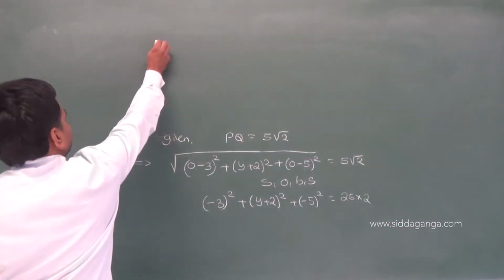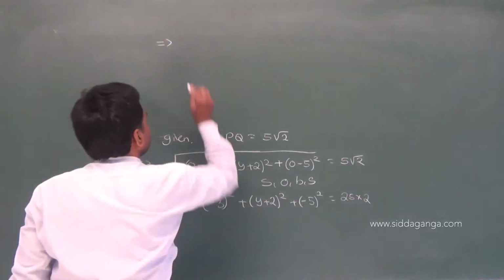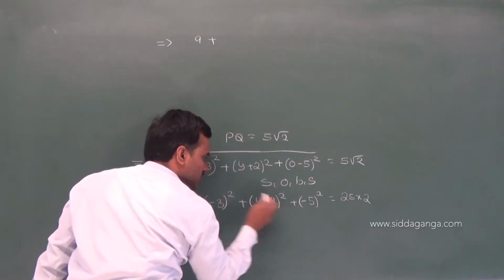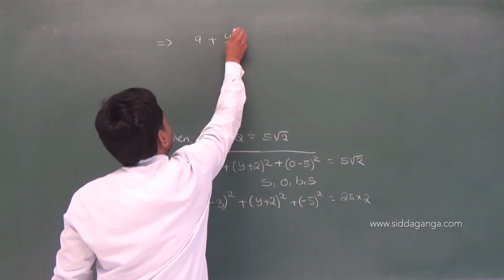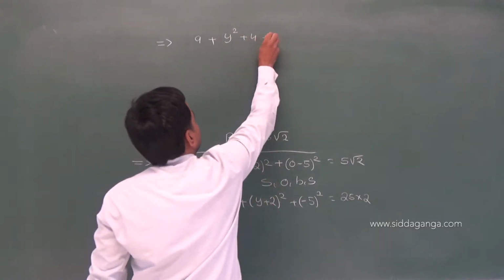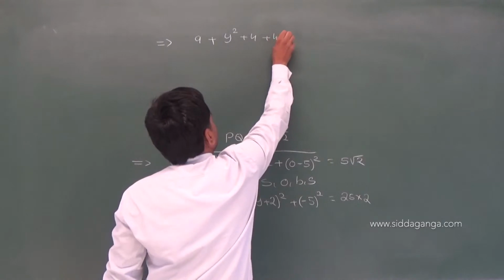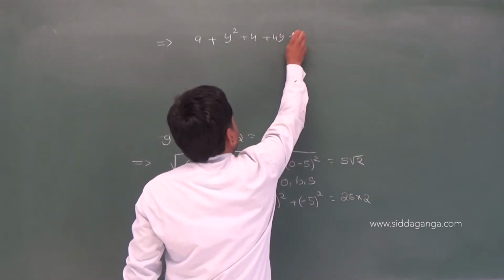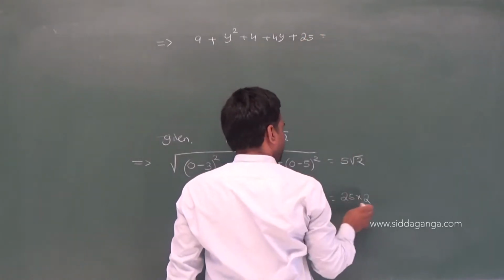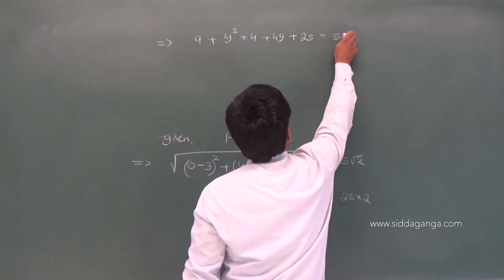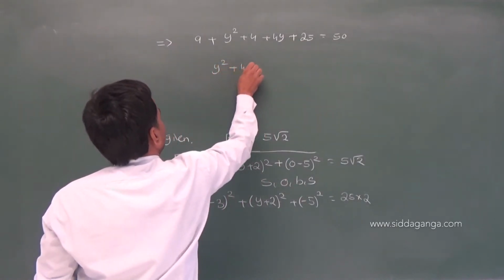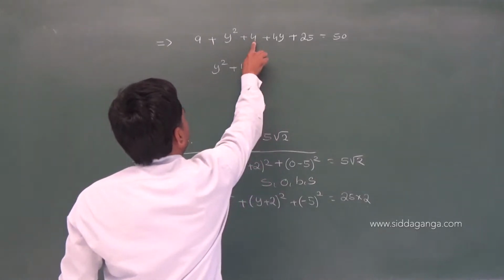I have written here, that implies minus 3 square is how much? 9. It is of the form (a plus b) whole square, a square plus b square plus 2ab: y square, 2 square is 4, plus 2 2s are 4, 4y, correct, plus 25 is equal to 25 into 2, how much? 50. Y square plus 4y.